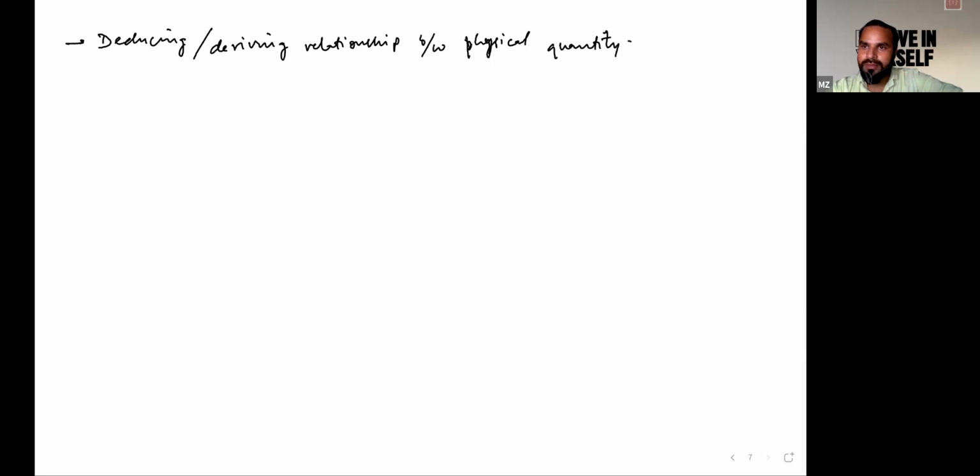I'm defining you some rules regarding this. First of all, check which quantity is the dependent part. They will give you, suppose, a quantity, let's say Q, which will depend upon some factors, suppose A, B, and C. So by this information, try to form an equation.